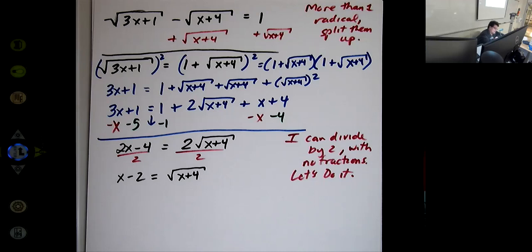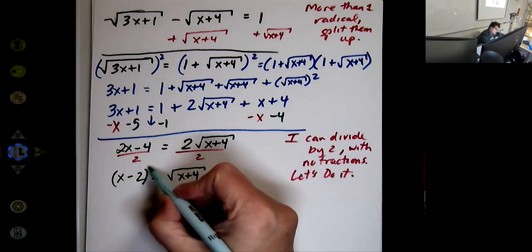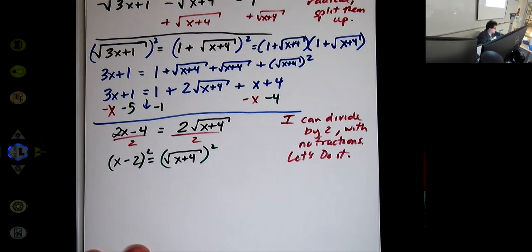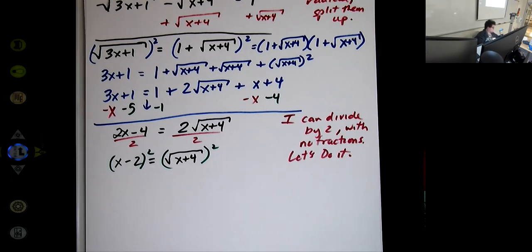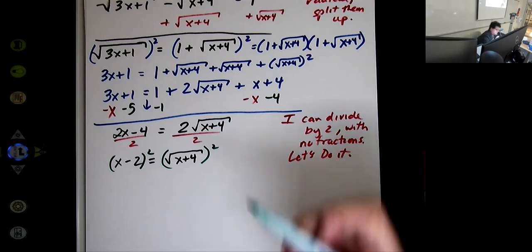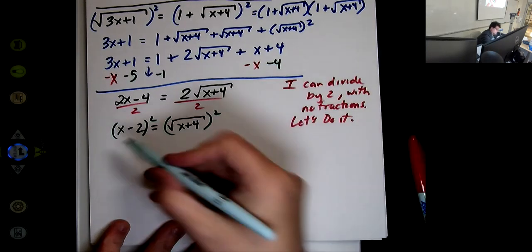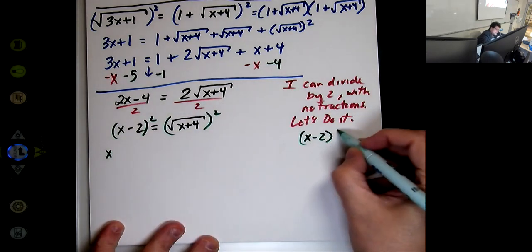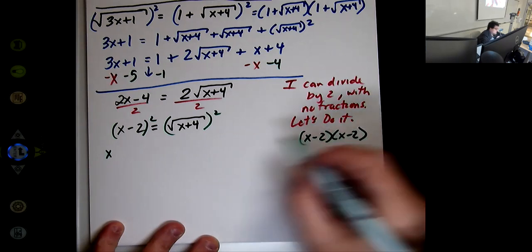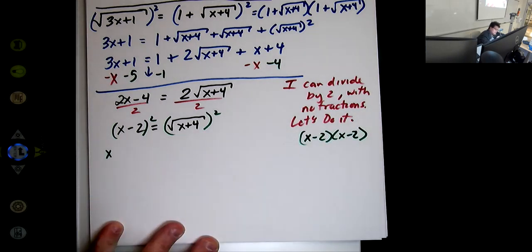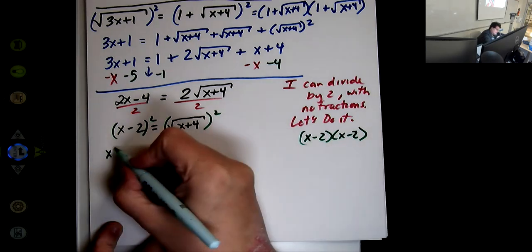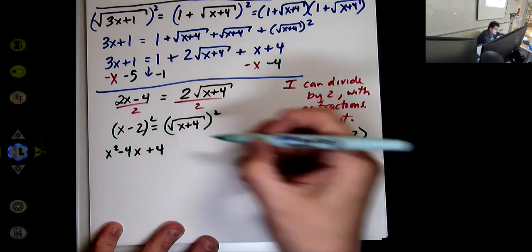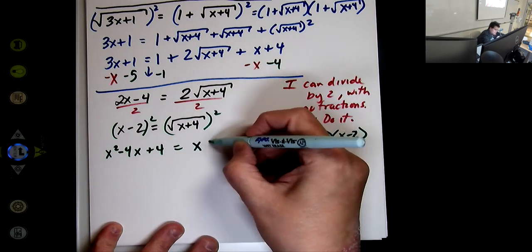We get to square it again. Again, this is x minus 2 times x minus 2. You can't just square the x and square the 2. You actually have to multiply this out. If you do, you're going to get x squared minus 4x plus 4. And on the right side, we get x plus 4.